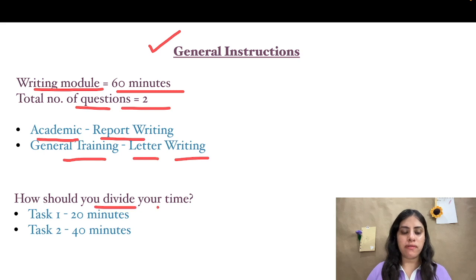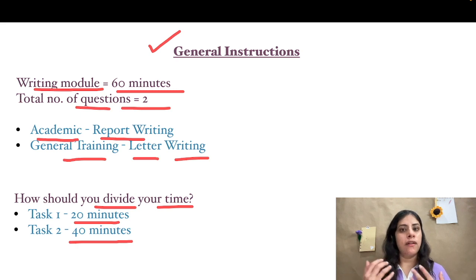Now, how should you divide your time? You are going to be given a single timer of 60 minutes and you have to divide your time accordingly. There won't be any separate timer for task 1 or task 2. My suggestion would be that you should spend 20 minutes on task 1 and 40 minutes on task 2. Why?